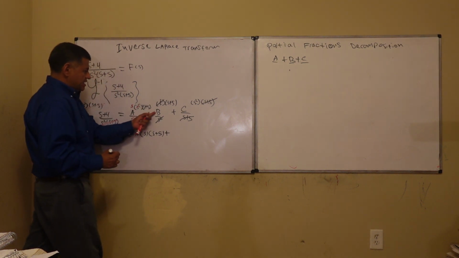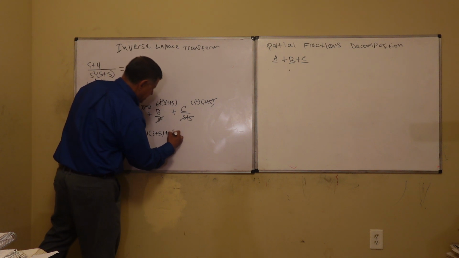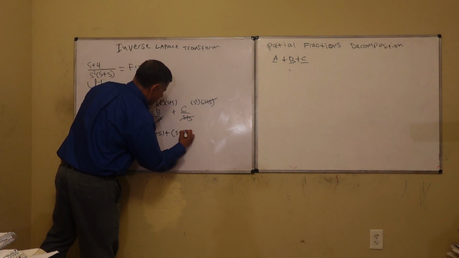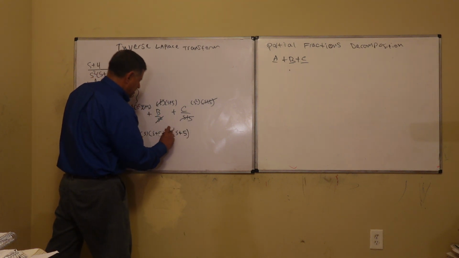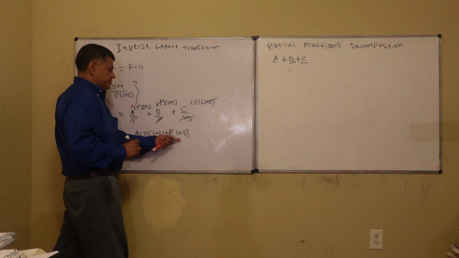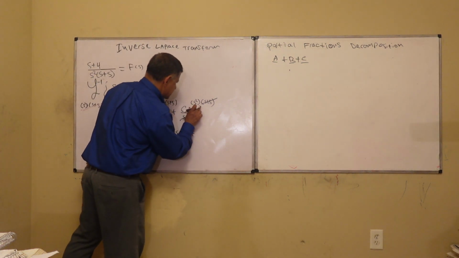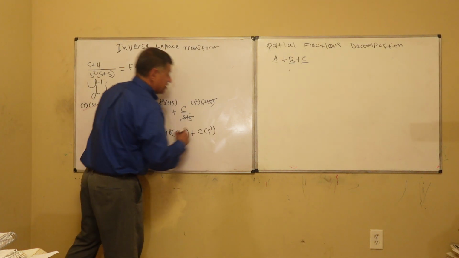Plus b, so now b is multiplying that guy, so b times s plus 5, plus c times that guy, plus c times s squared.